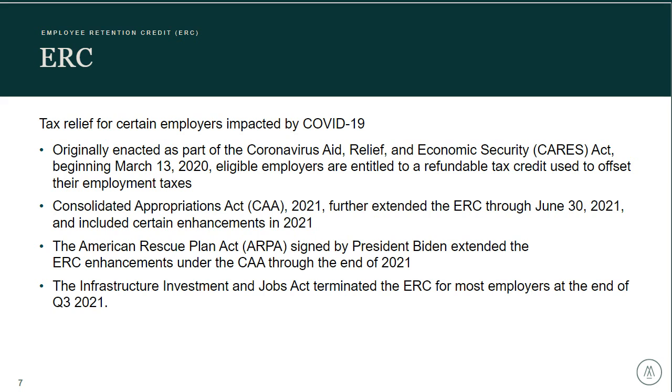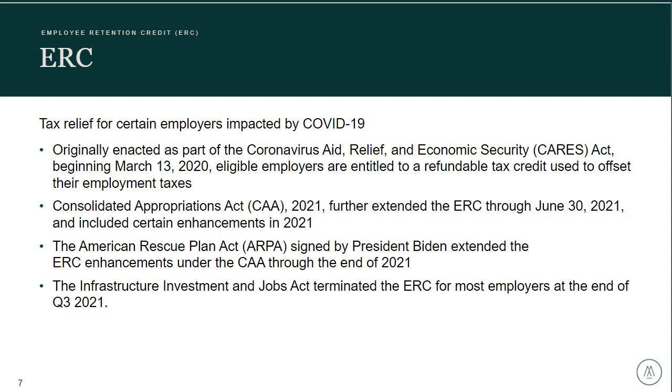So we have one set of rules in 2020, and then another set in 2021 that I'll comment more on later. But this originated from the CARES Act in March of 2020, at the very beginning of the pandemic. It was put together and passed as an emergency act to help shore up businesses and create this refundable credit to offset employment taxes.